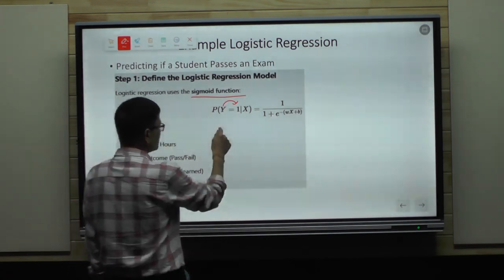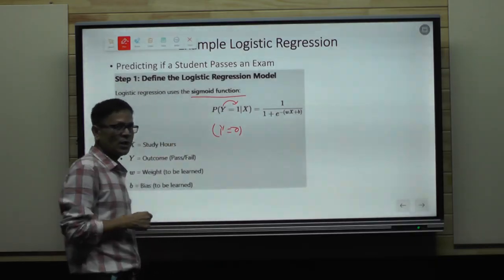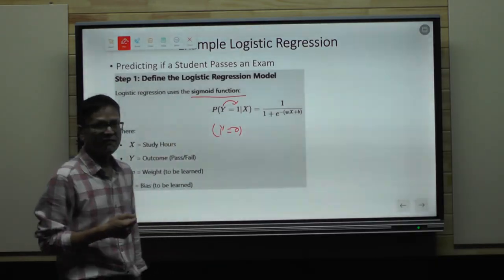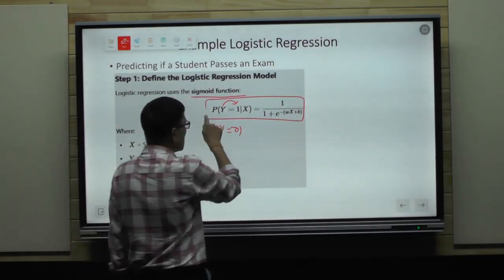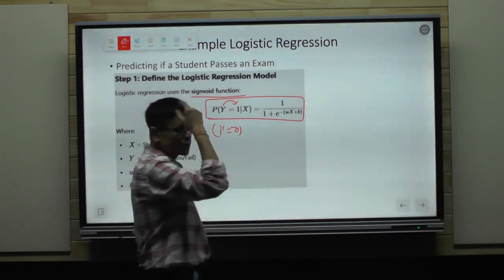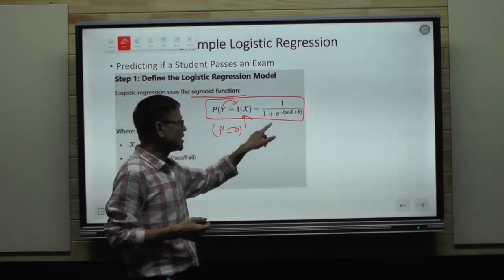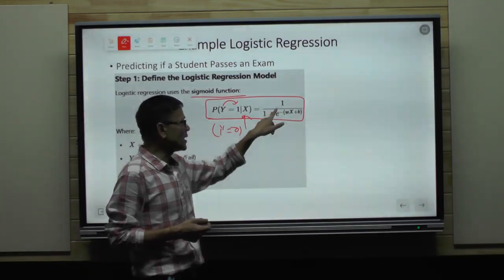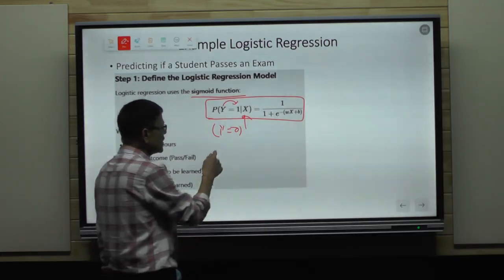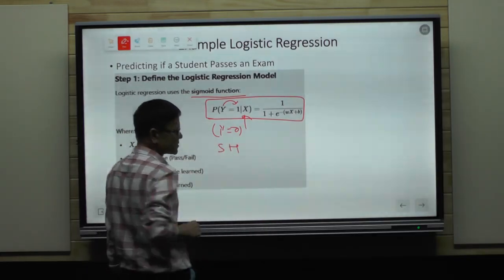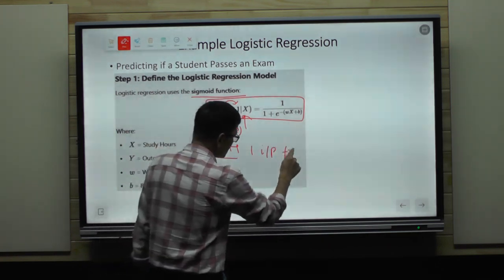If this were y equals 0, then we would be doing it for cases where the student has failed. So we need to find the probability of y, that is the student passes, given x, where our sigmoid function is 1 upon 1 plus e to the power of minus (w x plus b). And remember, in the data set we have only study hours, so that is the one input feature.